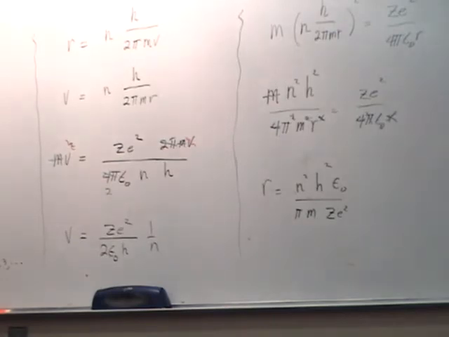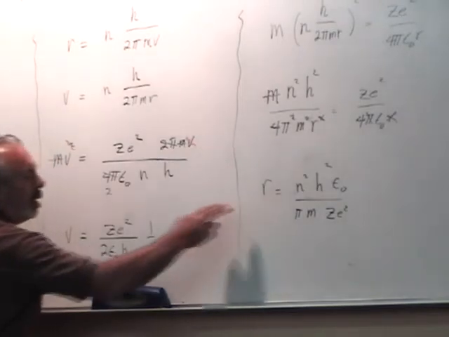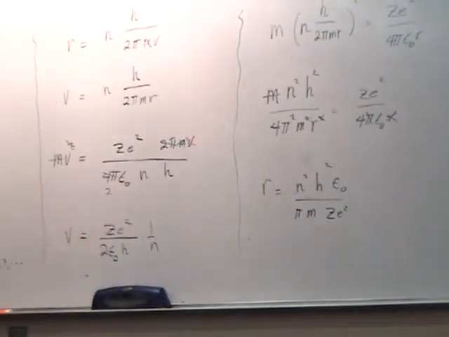Here are the two answers I got for velocity and r. Interestingly, notice that the requirement of quantized angular momentum gives us certain specific allowed velocities and radii.